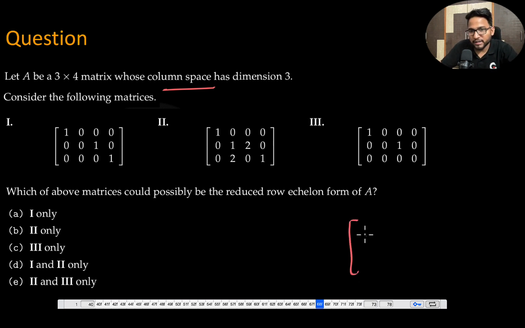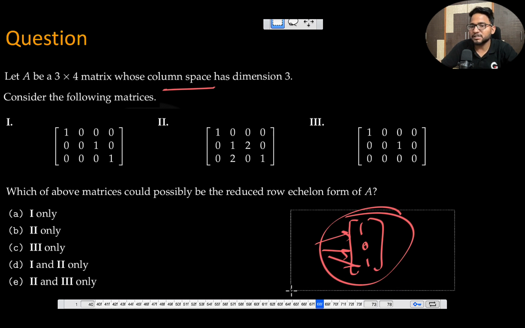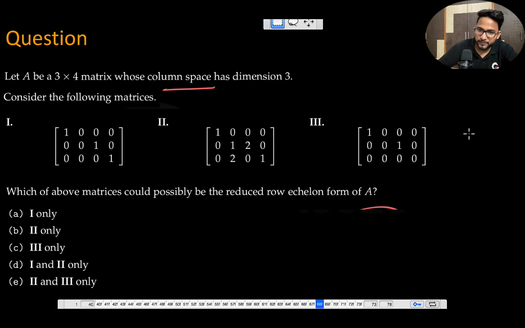If I ask you the dimension of this vector, you will say it is 3, because there are 3 numbers, so it is in R3. But the dimension of a vector space is not like this. Technically, it is the number of vectors in the basis set, which means the minimum number of vectors that can span that particular space. That is called the dimension of the space.